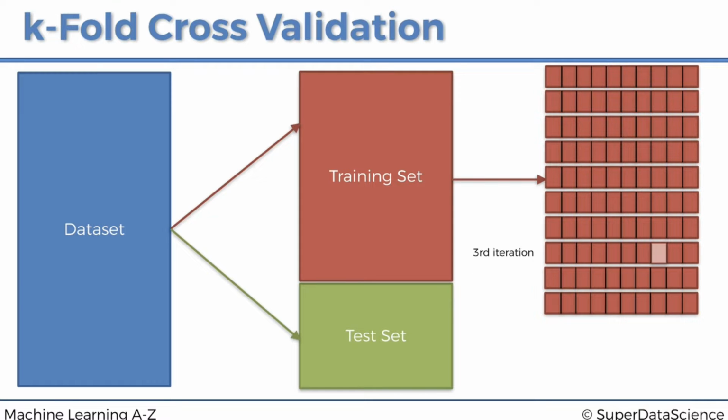And since with 10 folds we can make 10 different combinations of 9 folds to train the model and 1 fold to test it, that means that we can train the model and test the model on 10 combinations of training and test sets. And that will already give us a much better idea of the model performance, because what we can do afterwards is take an average of the different accuracies of the 10 evaluations and also compute the standard deviation to have a look at the variance. So eventually, our analysis will be much more relevant.